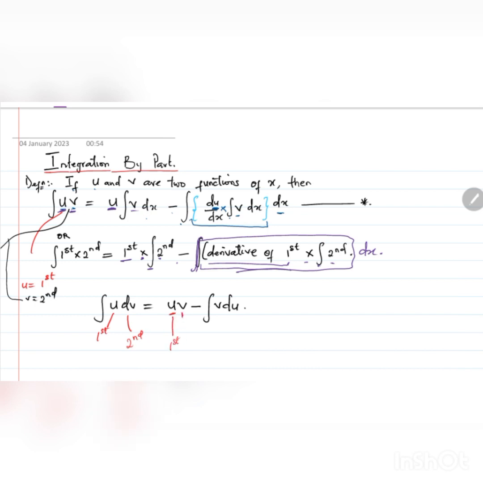V, you get by integrating the second function. Then minus the integral of v du, where du is the derivative of your first function. That is the definition of integration by parts. But with time, you will get used to it.